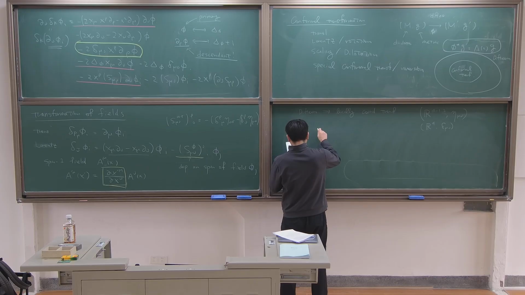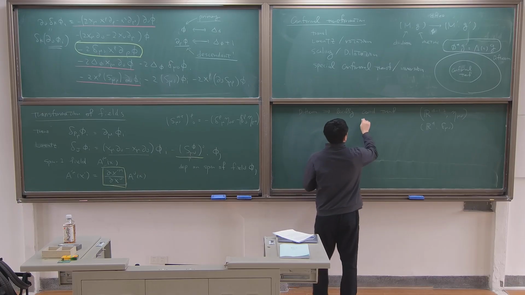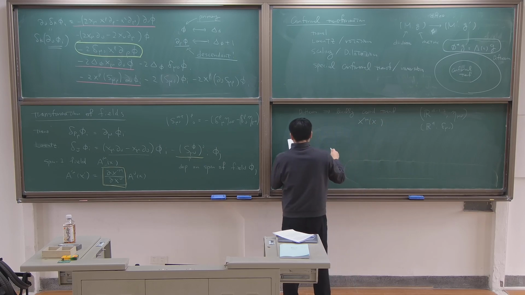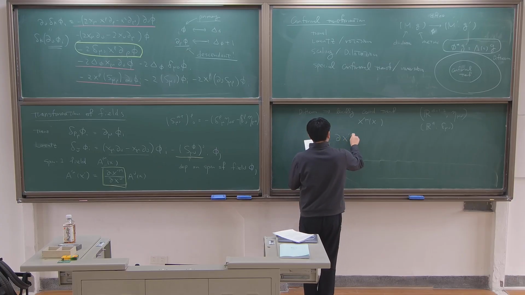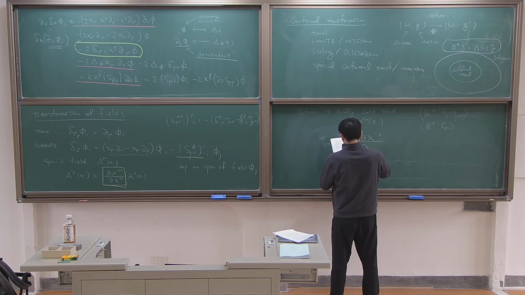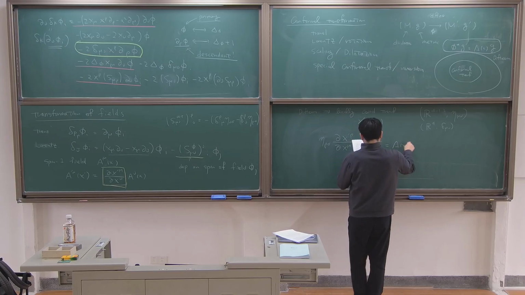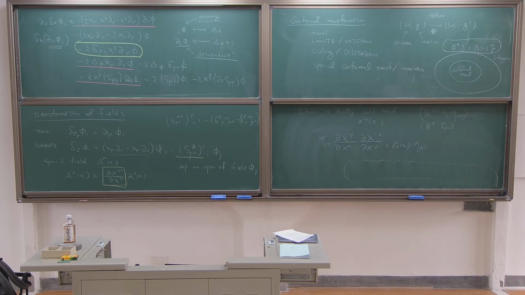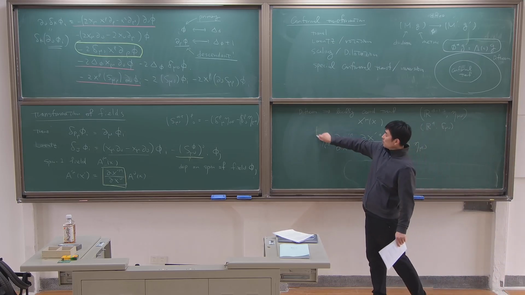Then the new pullback metric you will get, with the coordinate transformation x prime mu of x, is eta rho sigma times partial x prime rho divided by partial x mu, times partial x prime sigma divided by partial x nu.